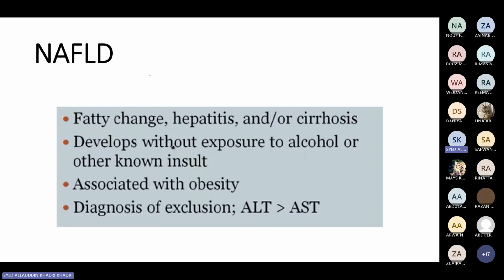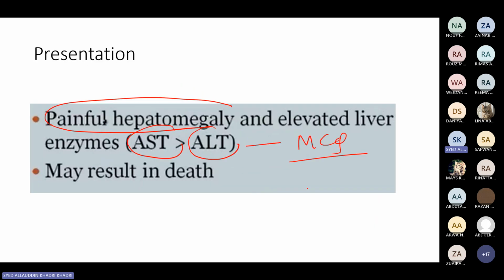Okay, NAFLD, as I'm telling you: fatty change, hepatitis, and cirrhosis develop without exposure to alcohol, and there can be many other causes. Usually in our setup it is obesity. And here the ALT is more than AST. Remember, go back: AST more than ALT is alcohol.